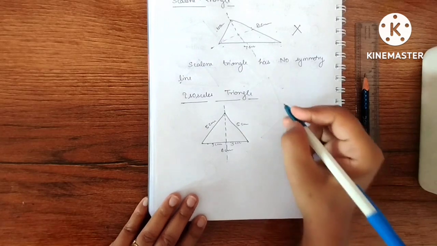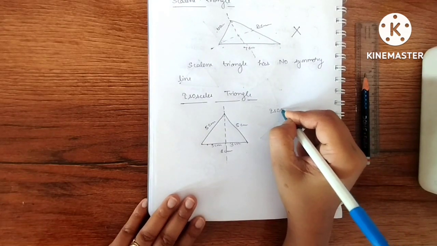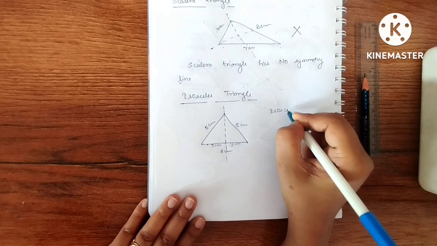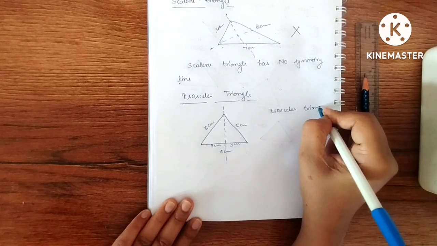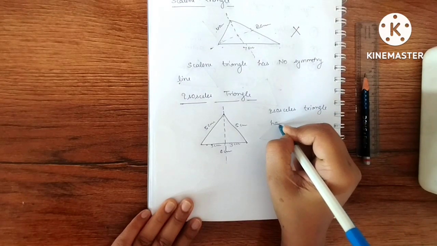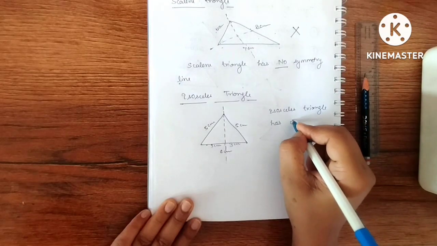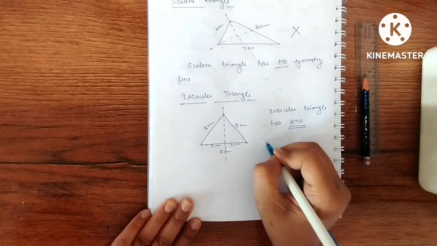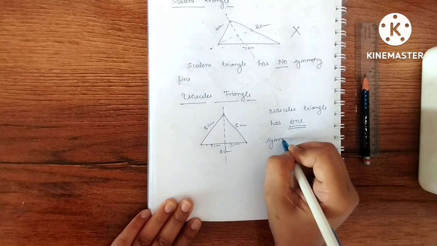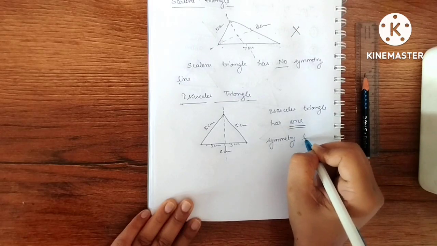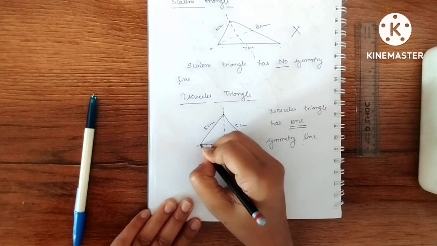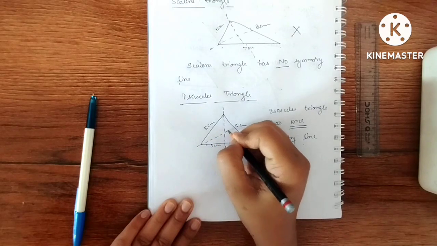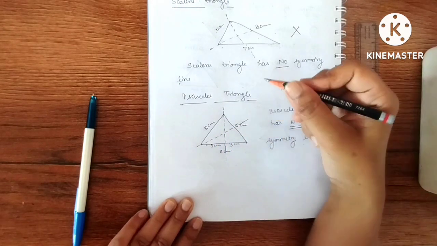So an isosceles triangle has one symmetry line. Now, if you draw a line from here, suppose, okay, what can you see?